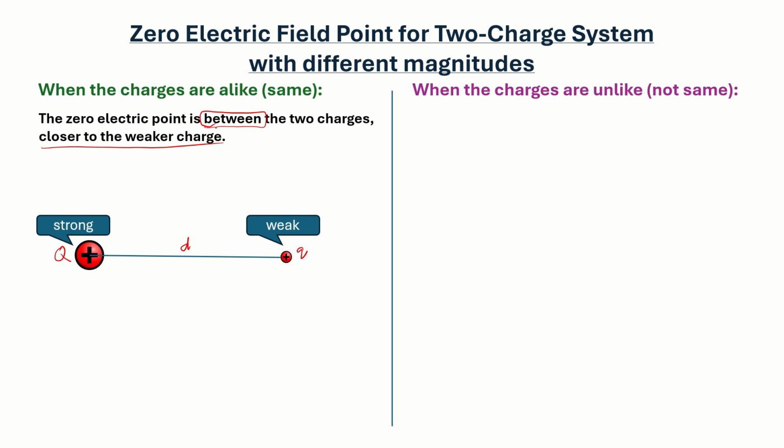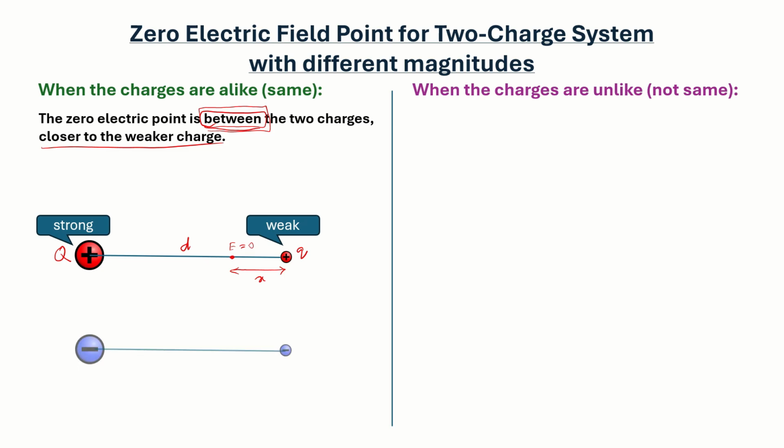As per the above statement, the zero electric field point is present between the two charges and closer to the weaker one, so it will be somewhere here. Assume at this point the electric field is 0 and this point is at a distance of x from the weak charge.